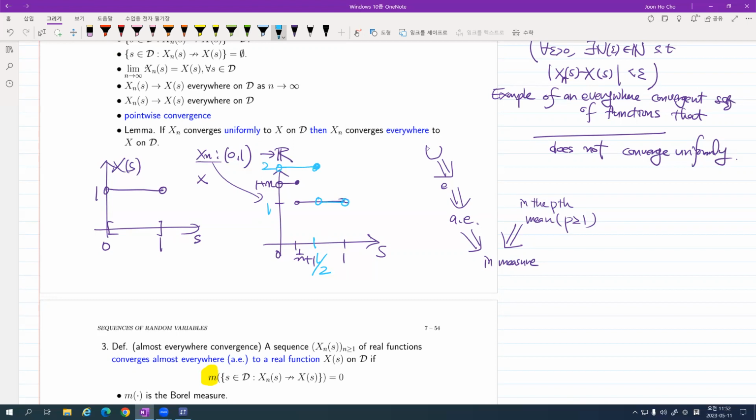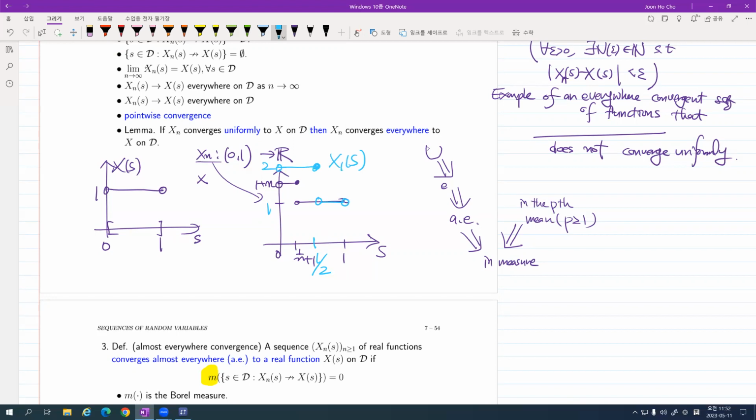This is x_1 over s. Got it? Now, what is x_2 over s? This one goes to 1/3, and this height becomes 3. Suppose you have this kind of sequence of real functions.